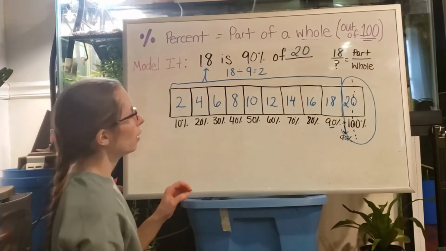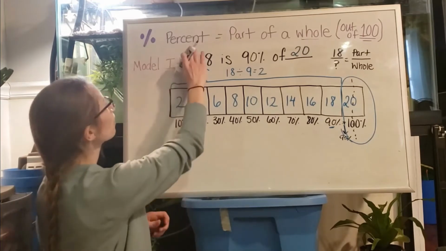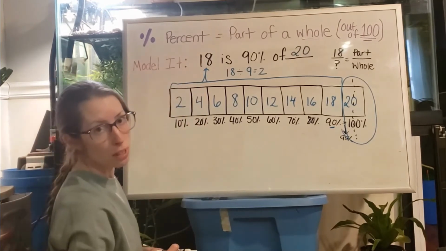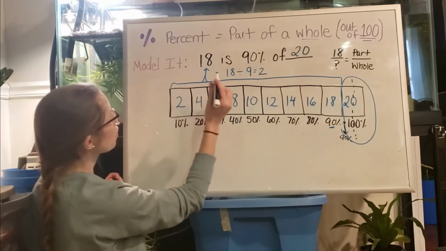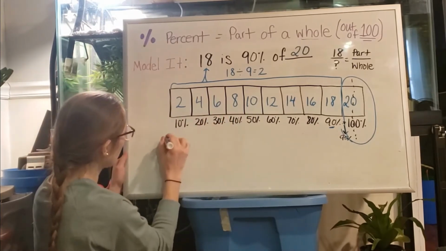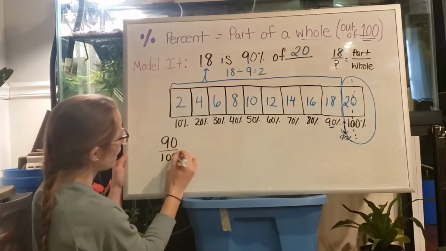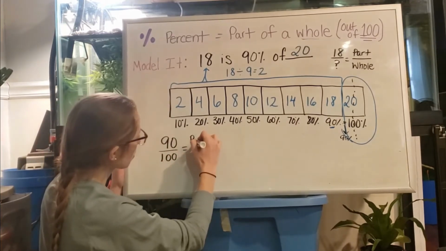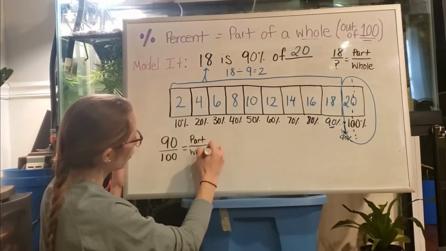All right, so now another way to look at this is to remember that percents can also be changed to decimals or to fractions. So if we say 90%, 90% is really 90 over 100, right? That's really our part over our whole.